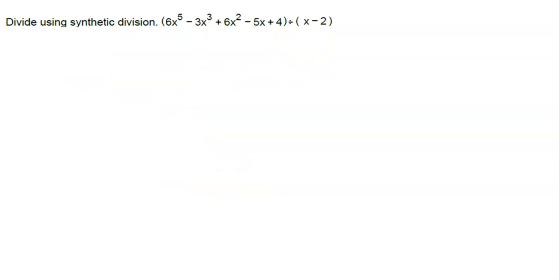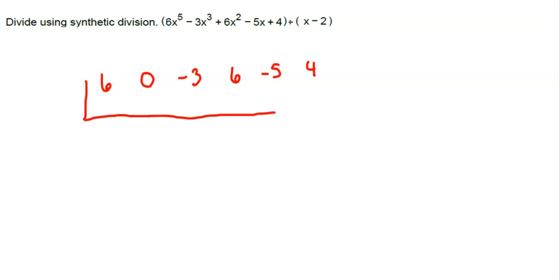And now the same problem, but with synthetic division. So this one won't take quite as much writing, but it'll give us the same answer. So we've got 6x to the 5th, no x to the 4ths, minus 3x to the 3rd, plus 6x squared, minus 5x, plus 4, and we're dividing that by x minus 2.